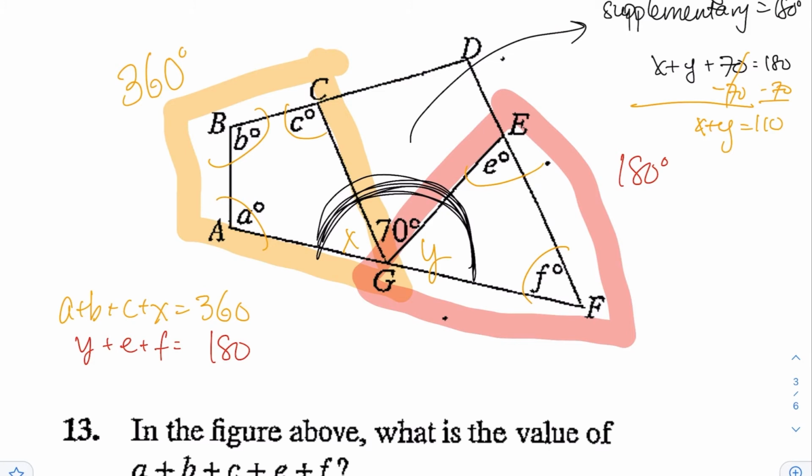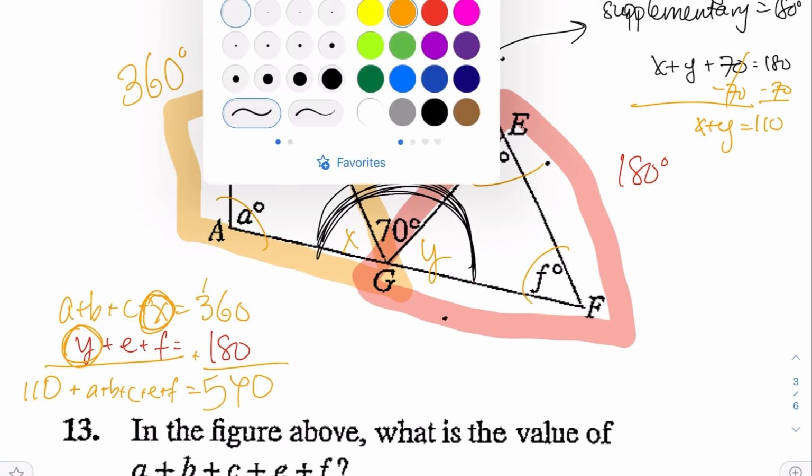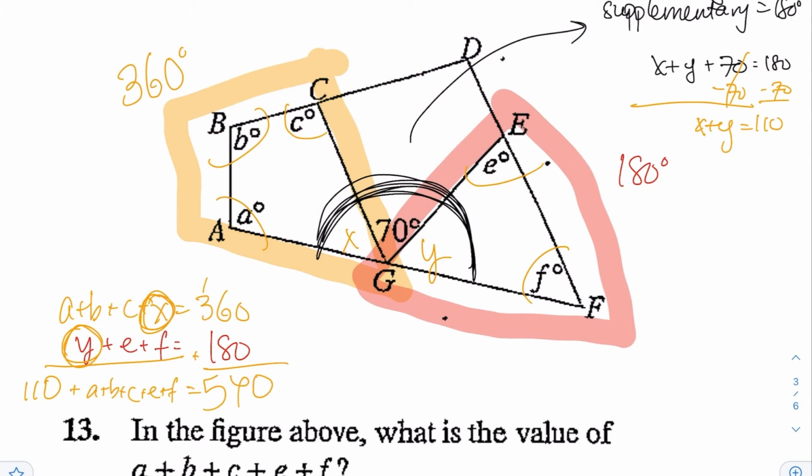So now you can replace x and y here with 110. So that means that x + y is 110, plus a + b + c + e + f. And if you add the other side, that's equal to 540. So once you know that x + y is equal to 110, you can subtract 110 on both sides, and you get what you're looking for.